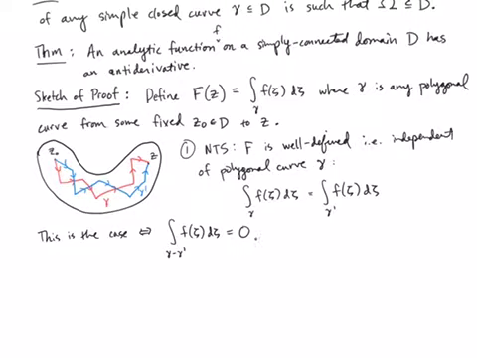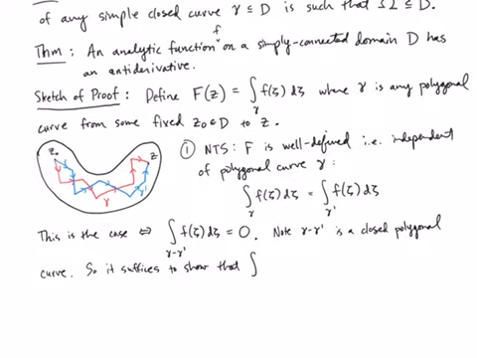All right, so note that gamma minus gamma prime is a closed polygonal curve. So it suffices to show that the integral of f of zeta d zeta around sigma is equal to 0 for any closed polygonal curve sigma.